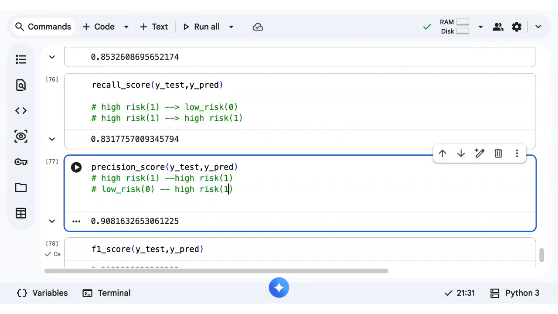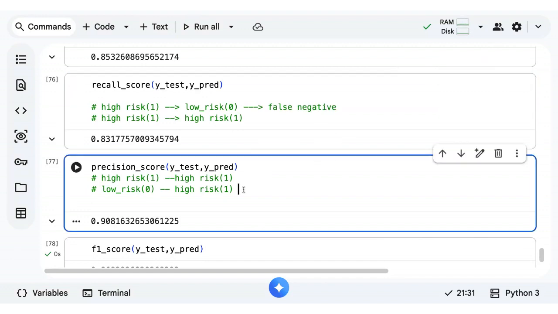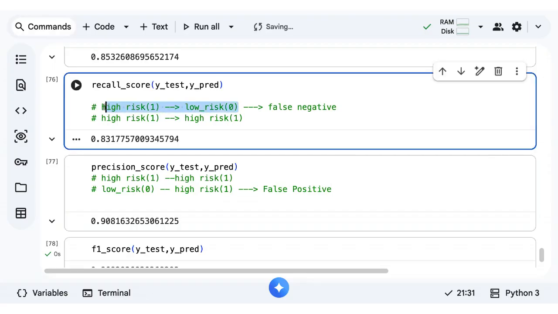So which is false positive, which is false negative? This is false negative, right? And this is false positive, because it's precision. In recall, we are trying to reduce this case: high risk people classified as low risk.